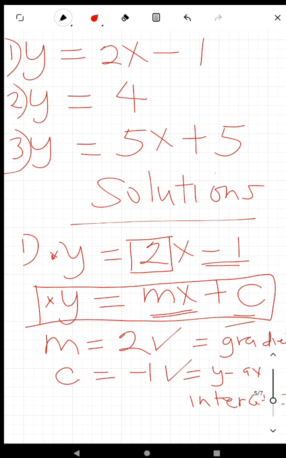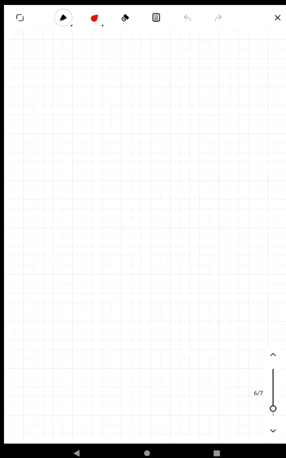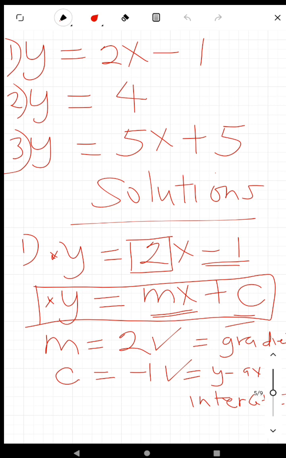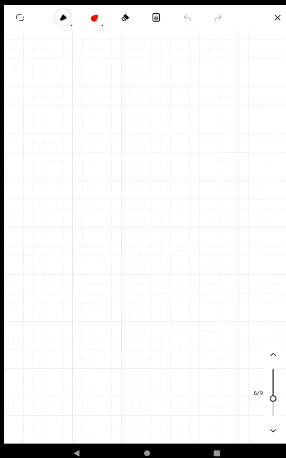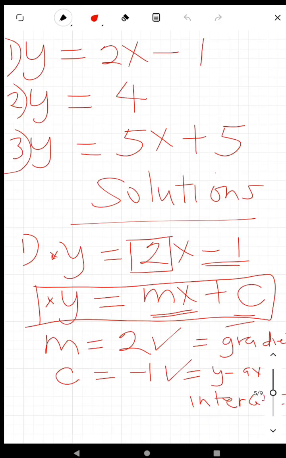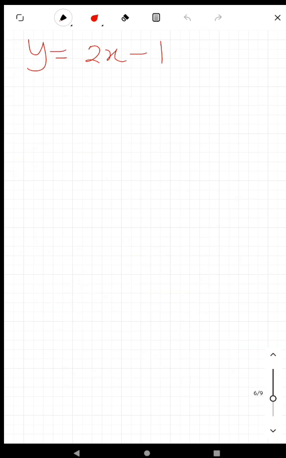So the next thing we'll do now is to plot this equation. And what are we plotting? y is equal to 2x minus 1.